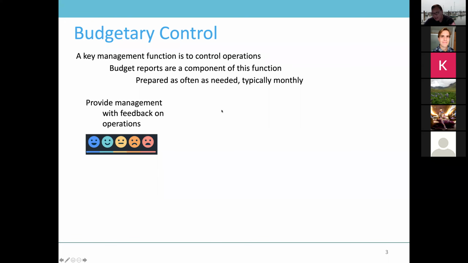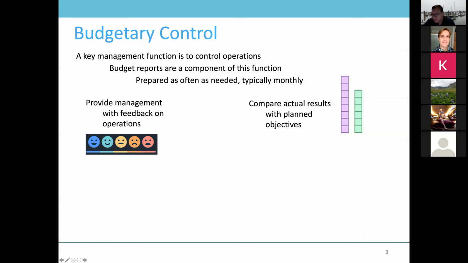So you have a budget, and at the end of the month, you get a report and can see the feedback. This also allows you to compare the actual results versus the budgeted numbers.